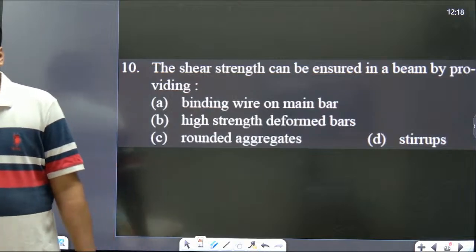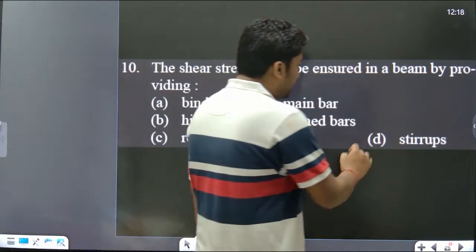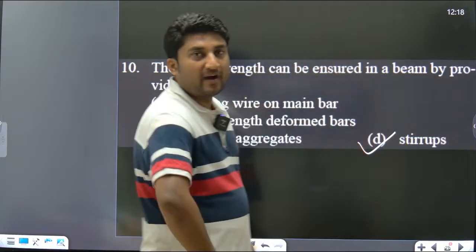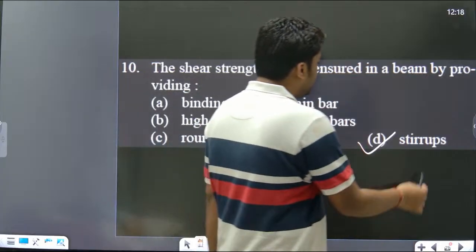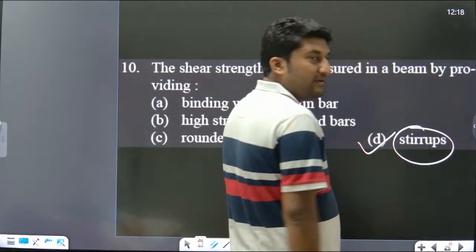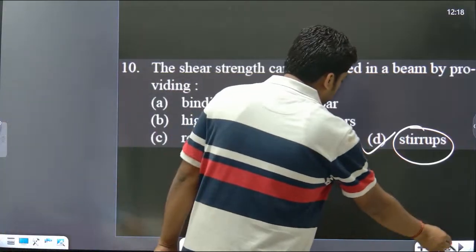Very good, it is provided by stirrups. In beams, stirrups are provided to strengthen the beam in shear. So they take the shear. Understood? Now moving ahead with the next question.